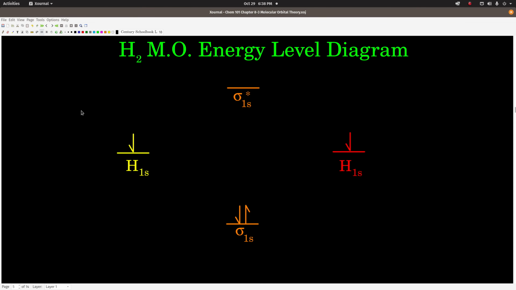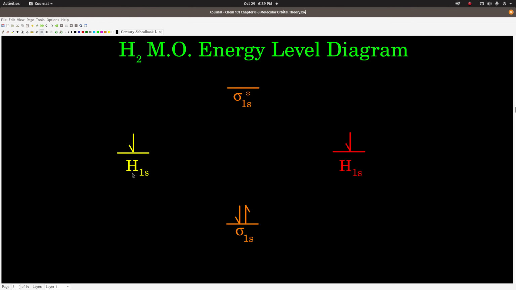This is called a molecular orbital energy level diagram, particularly the middle part, the part that looks orange. What we're going to start out doing, and we're going to get away from this pretty quickly, is show the atomic orbitals from each atom. So this is what happens when two hydrogen atoms combine and we form a molecular orbital in the resulting hydrogen molecule, H2.